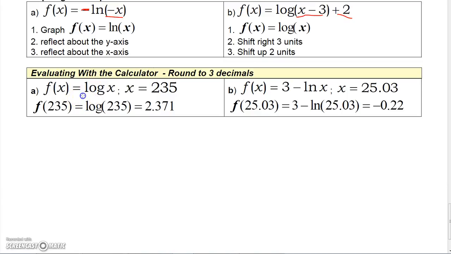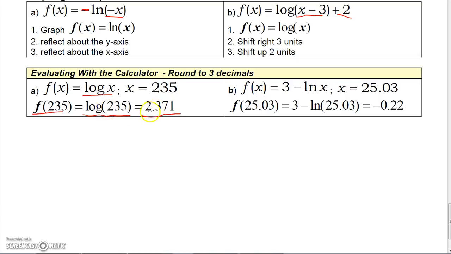So if you had the common log of x and you needed to evaluate that function at 235, you just grab your calculator and punch in log of 235 and you get 2.371. What that means is that it tells you what power you raise 10 to get 235.